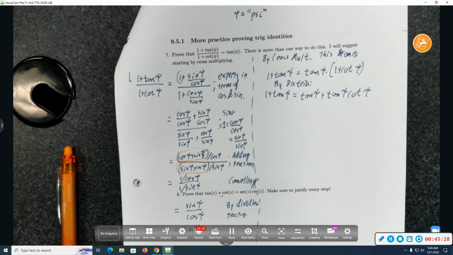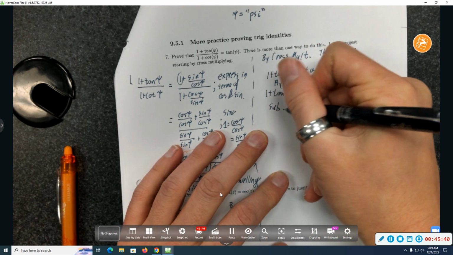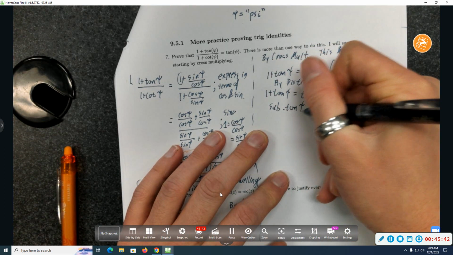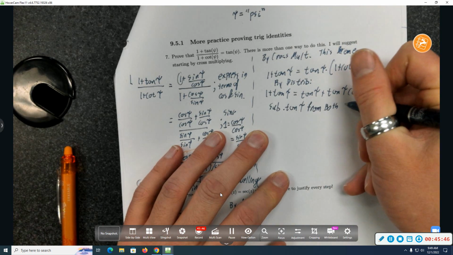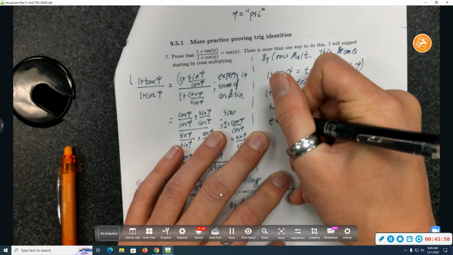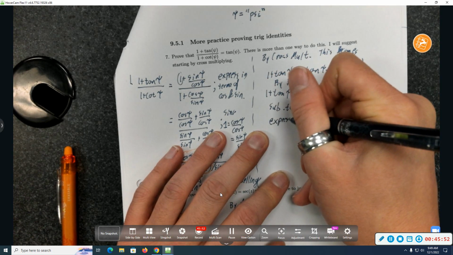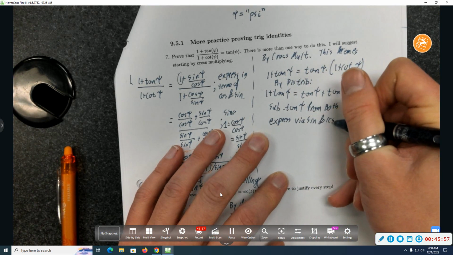So I think I'm going to do two things in one step. I think I can subtract tangent from both sides, because you can always subtract the same thing from both sides of an equal sign and it still resolves equal. Let's subtract tangent psi from both sides and express via sine and cosine.